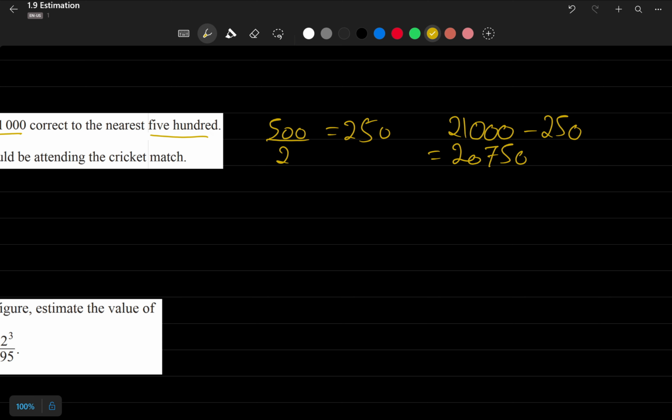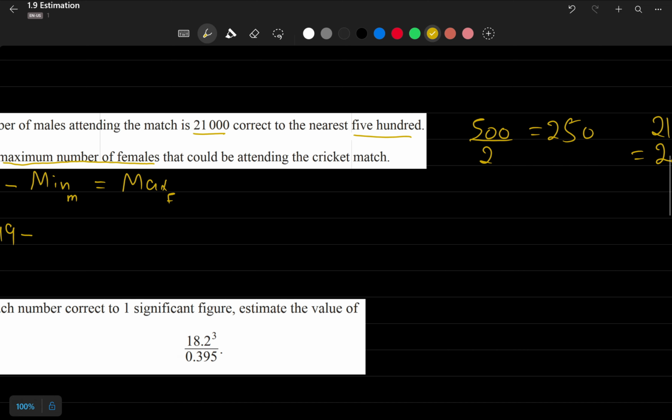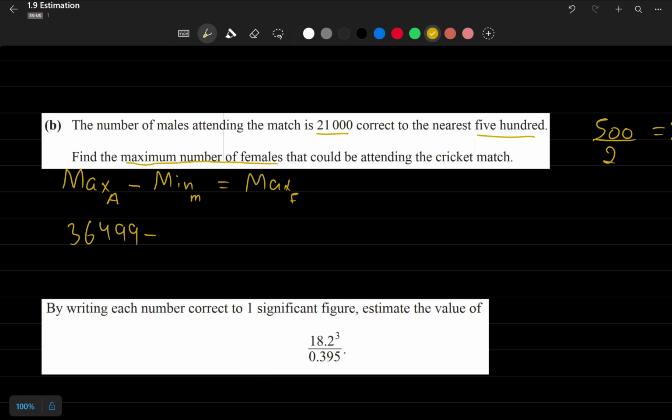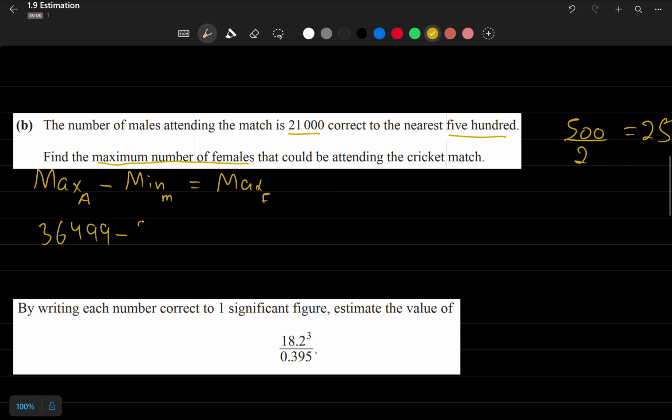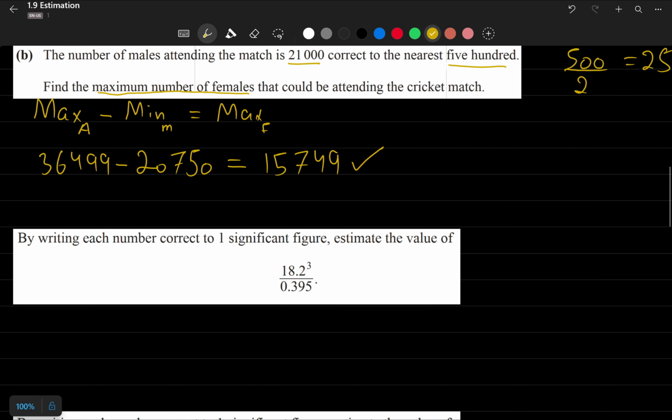This is the correct answer for the least number of males. So 36,499 subtracted 20,750 gives you an answer of 15,749. So this is the maximum number of females that could be attending the match.